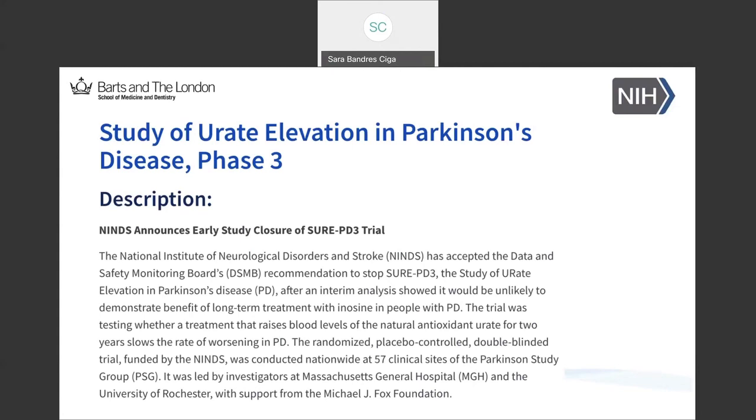This study lasted for a couple of years, and after it was performed, it was shown that urate levels didn't have any effect on Parkinson's disease progression. So we are going to run some Mendelian randomization analysis to also observe, from the genetic point of view, what we can see in terms of inferring causality with genetic data.